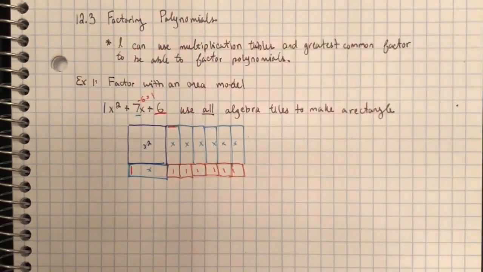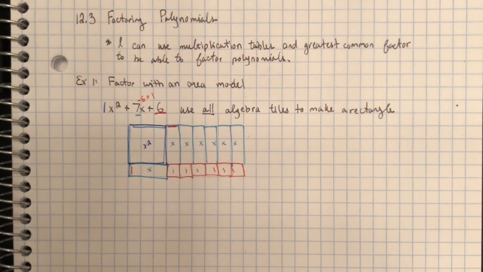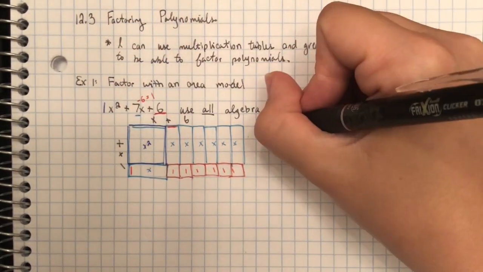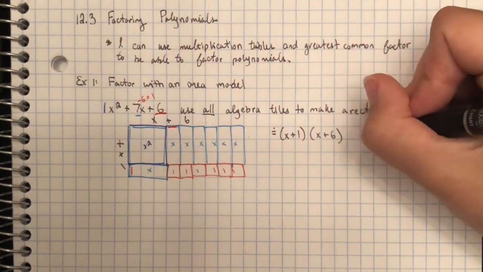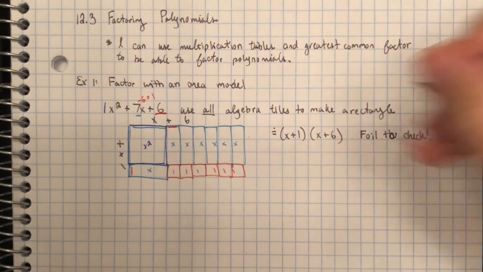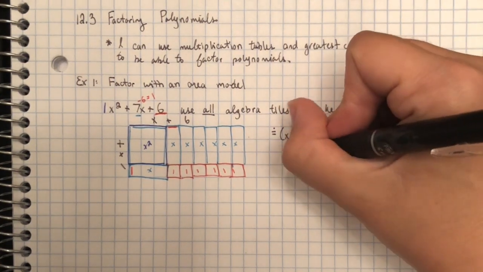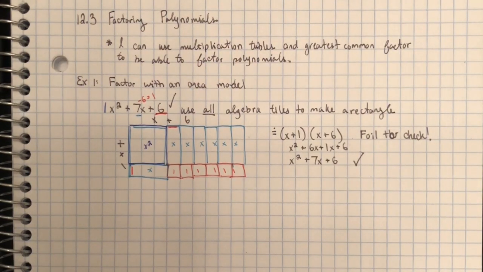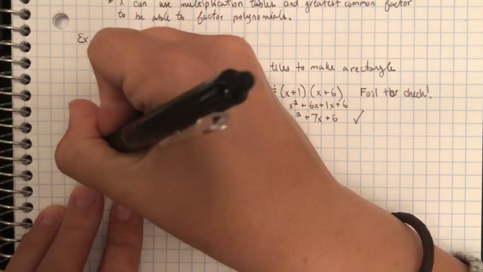And then thinking about what we know with regards to area, the side lengths of my rectangle are going to be my factored forms. So I have an x plus 1 and an x plus 6, and I can check to see whether or not I did this correctly by multiplying through using FOIL. So my first terms, outer terms, inner terms, last terms, and that polynomial should match my original in the example.